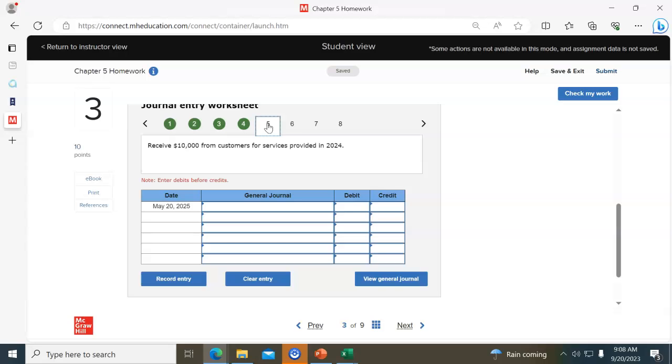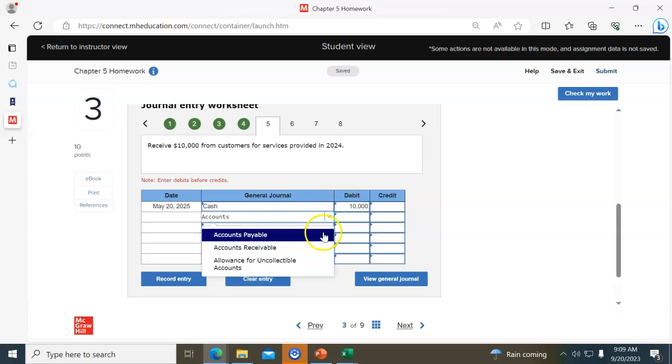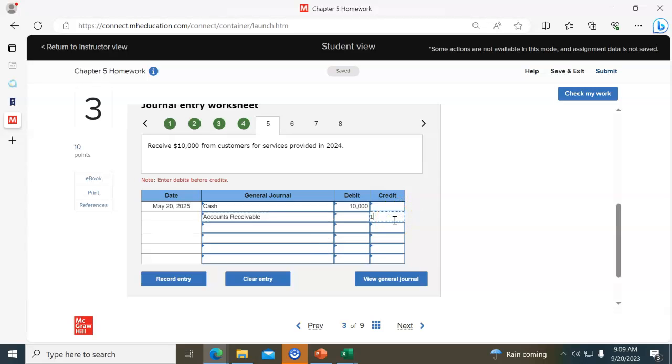Receive 10,000 from customers for services provided in 2024. Debit cash, credit accounts receivable. Write off the remaining amounts owed from services provided in 2024.